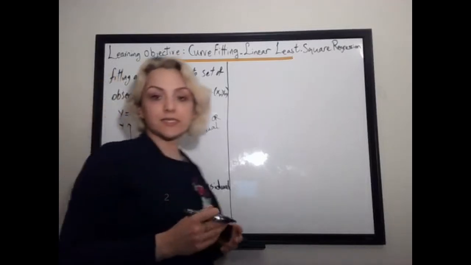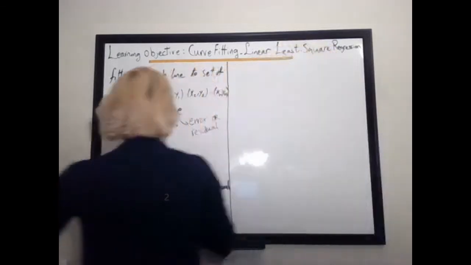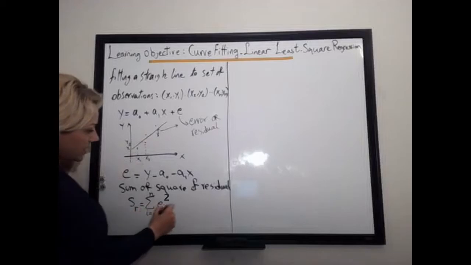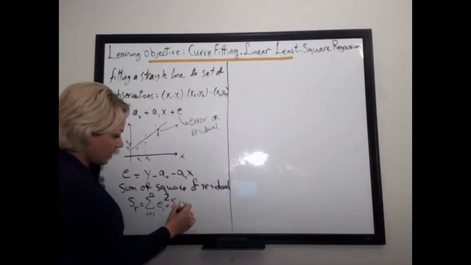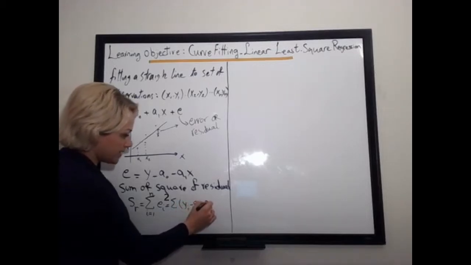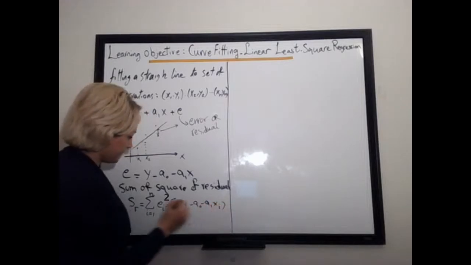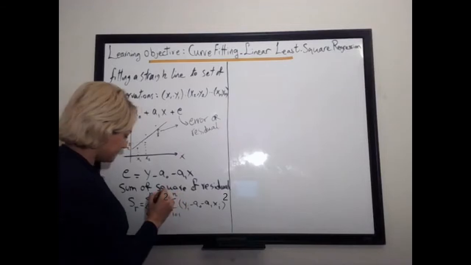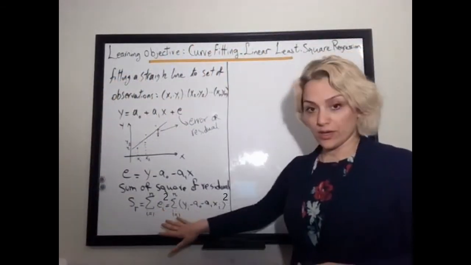This is the equation of the sum of the square of the residual. Then I'm going to replace this e with this equation, so it's going to be equal to sigma yi minus a0 minus a1 xi, with i from 1 to n. So this is the sum of the square of the residual.